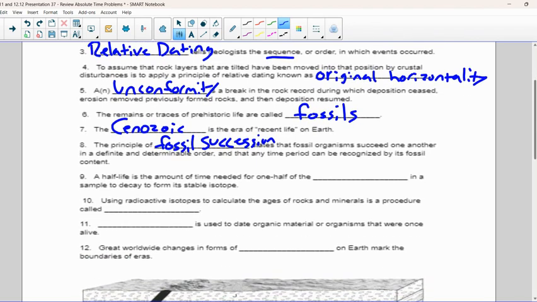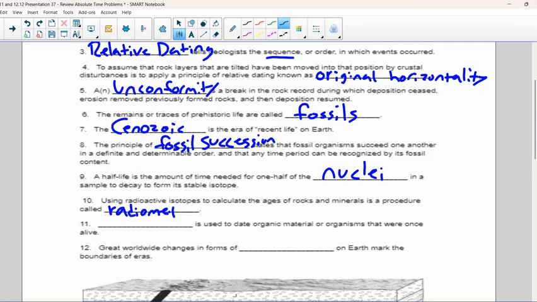A half-life is the amount of time needed for one half of the nuclei in a sample to decay to form its stable daughter isotope. Using radioactive isotopes to calculate age of rocks and minerals is a procedure called radiometric dating.